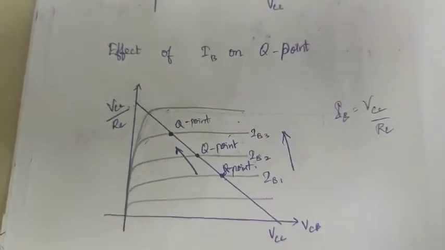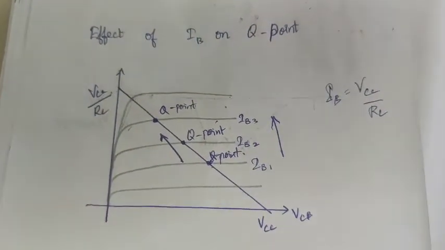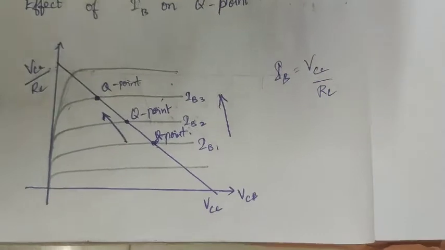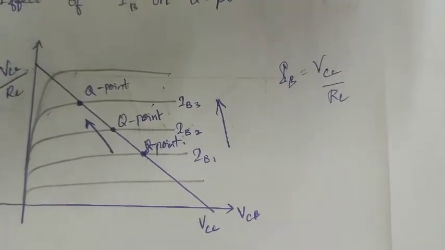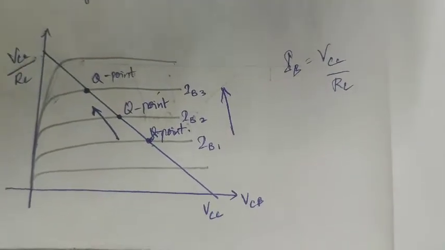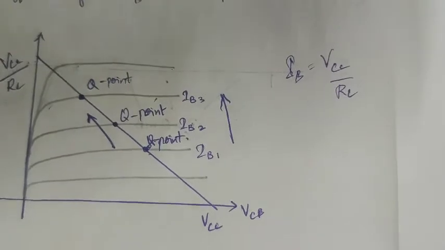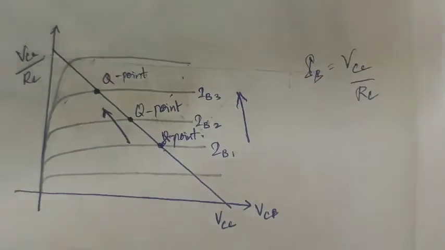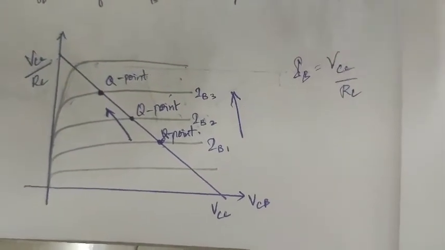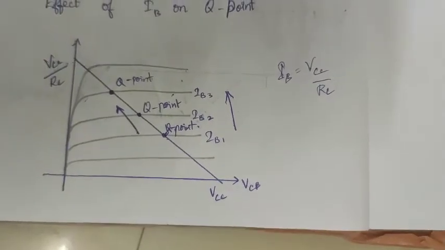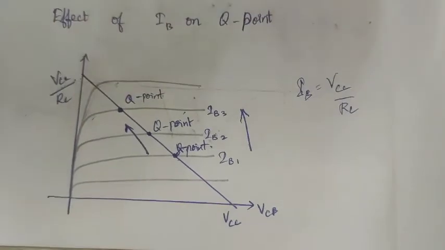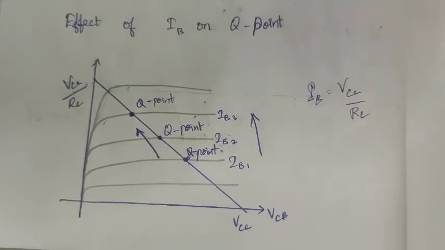It occurs in such a way that there must be a small distance between Q points, and the Q point is generally a steady DC voltage or current that occurs for different values of IB. That DC voltage and current play a vital role here. So in this way we can split a topic, and when we revise we can get full marks in it, and we can grasp the concept with maximum effort. Thank you.